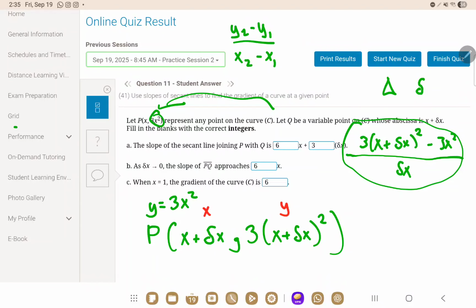We can simplify it even more by expanding the numerator. Like I said, none of these questions are short, by the way.